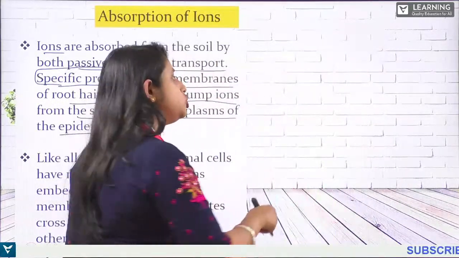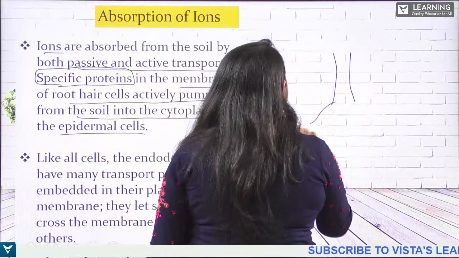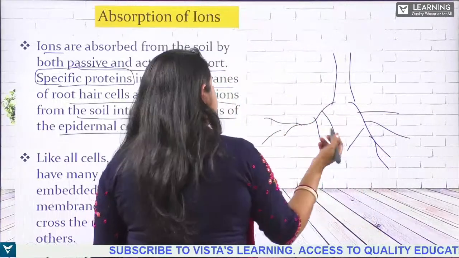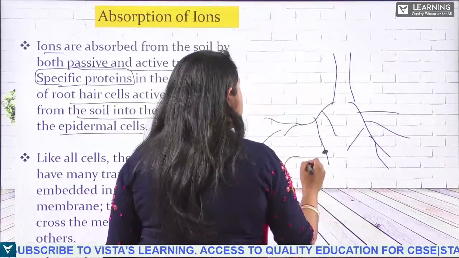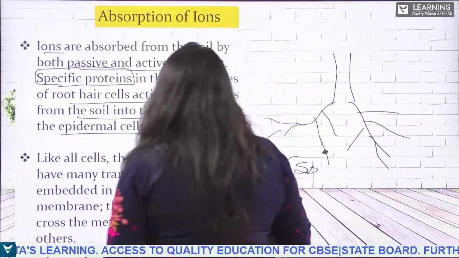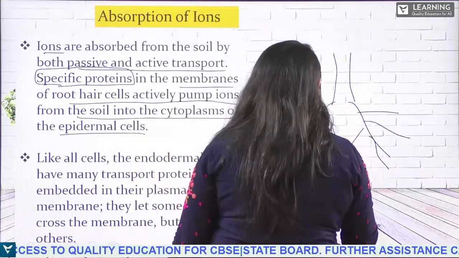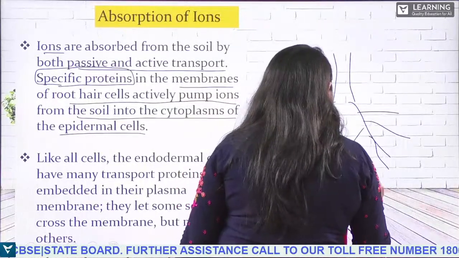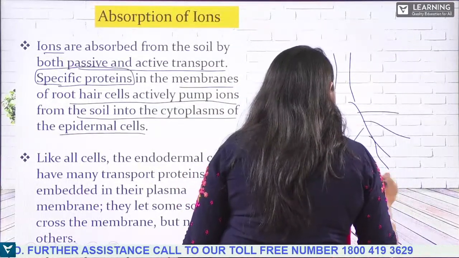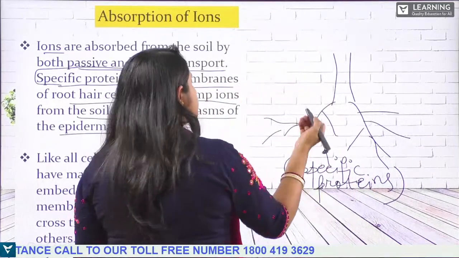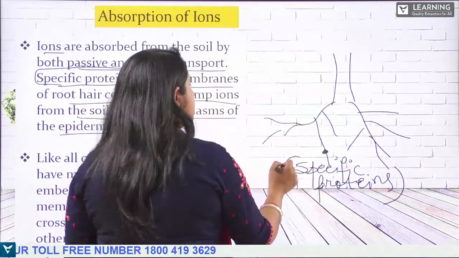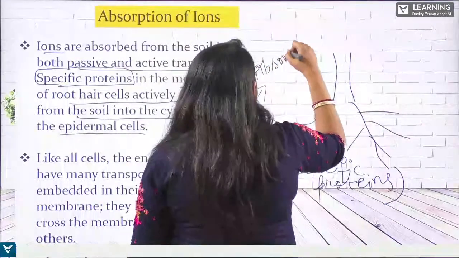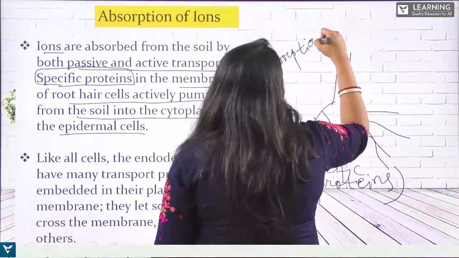So in the root hairs, what happens? Some specific proteins are also present. What do these proteins do? They help in the absorption of ions.